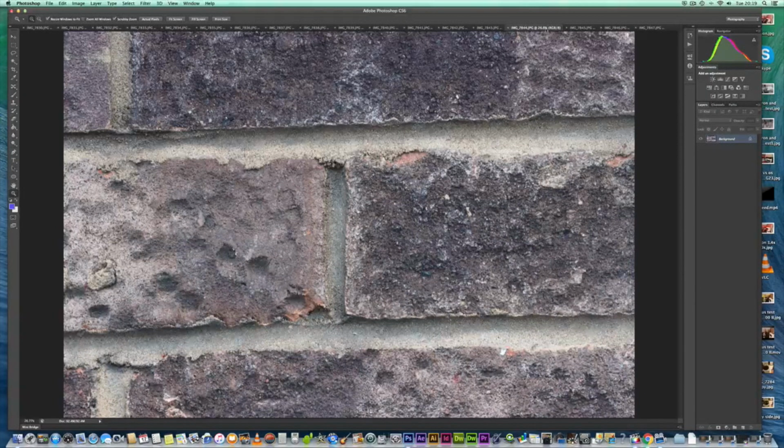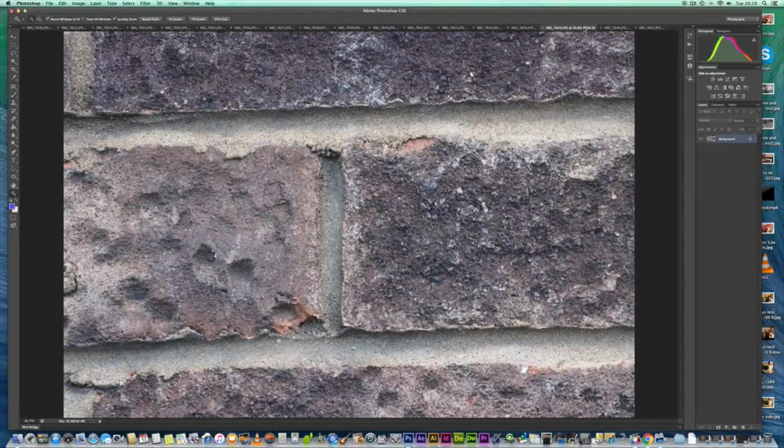So let's move on to the 600 millimeter range. Again, remember because it's a crop sensor camera, you multiply your focal length by 1.6. That gives you, instead of 600 millimeters, 960 millimeters. So this is f6.3. Obviously it's not super tack sharp in the center, but it's reasonable. So let's have a look at f8. Some minor improvement in the corners. Let me go back to f6.3 and then f8.